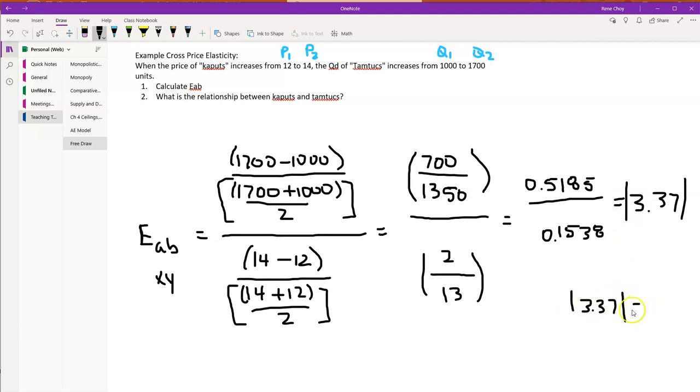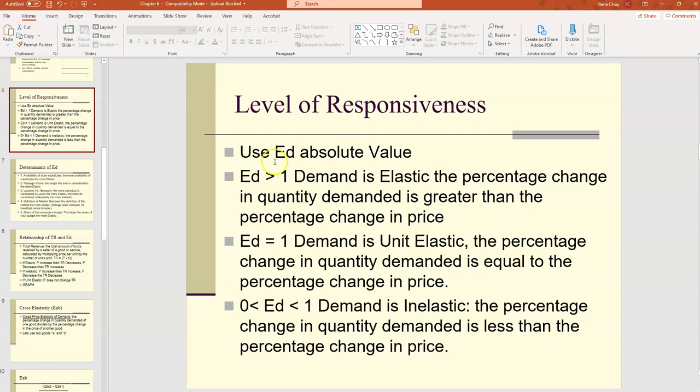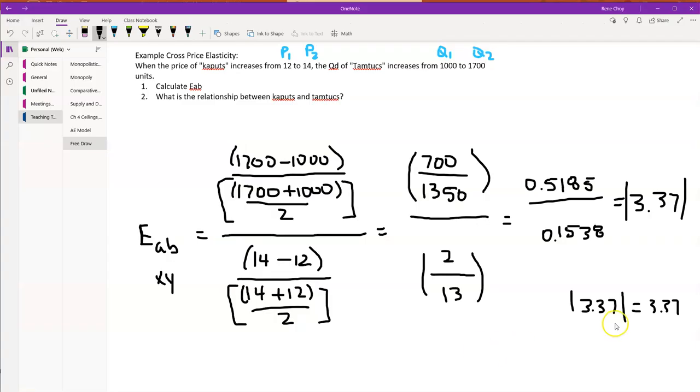Because that number is greater than 1, we're going to say that this is elastic. So we calculated our cross price elasticity.